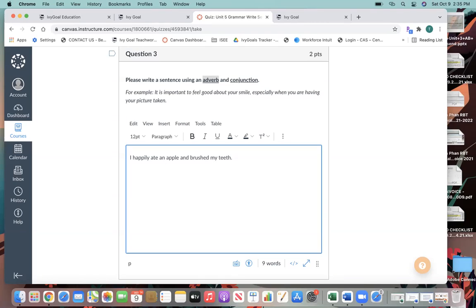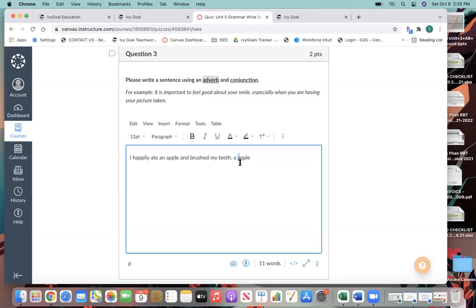Not "a apple," because apple starts with a vowel. Usually you write a in front of a word, but before a vowel word you have to use an. An alligator, an apple. So happily would be your adverb, ate, right? And apple, and your conjunction was and. Is that right? Thumbs up.